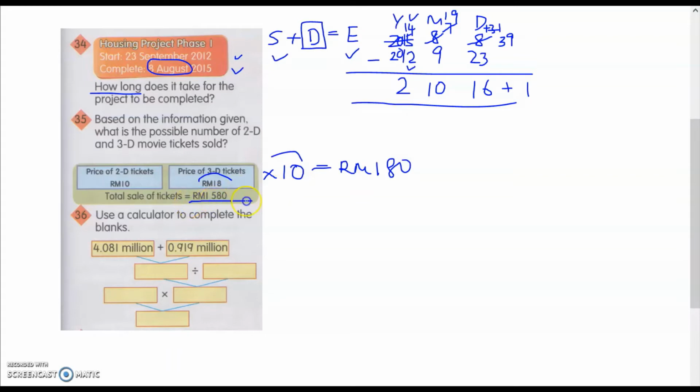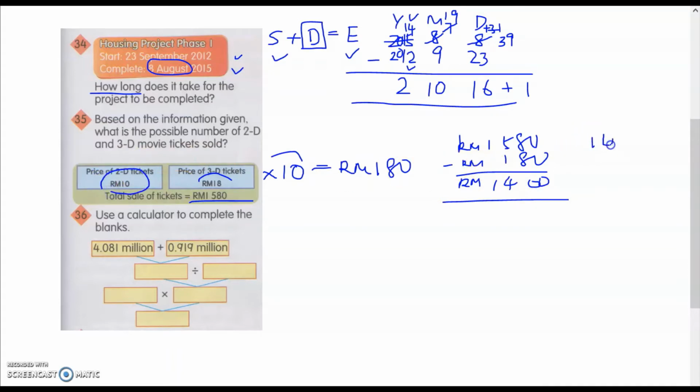And then since the total is 1,580, so I take the total minus the 3D tickets 180, then I get 1,400. Then I want to buy 2D tickets. 2D tickets is 10 ringgit each, so I divide by 10 ringgit.